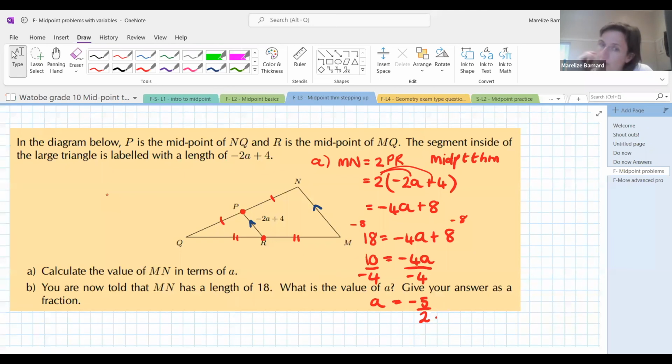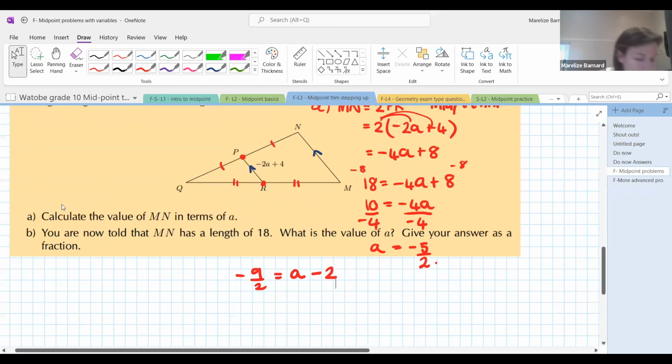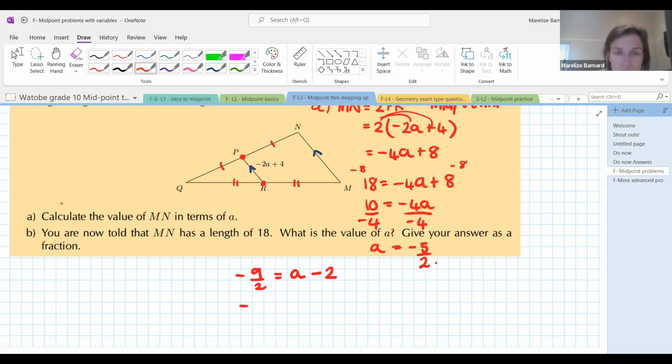Yes, Miss. Yeah, it's fine as long as you remember to divide everything by negative 4. Then you'll get negative 9 over 2 is A minus 2. And then you'll add 2 on both sides. And that should give you the same answer. Yeah, it does. Okay, thank you, Miss.